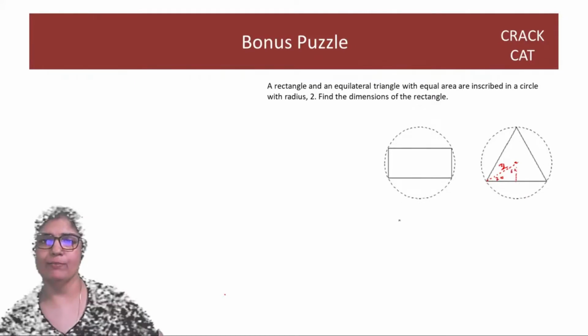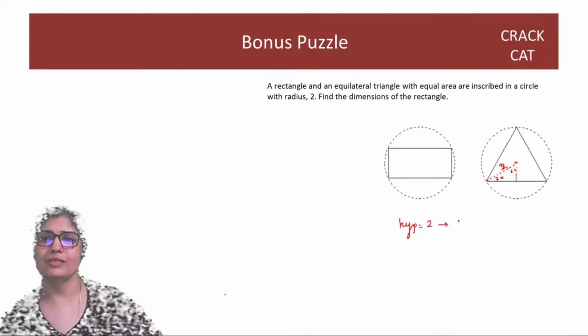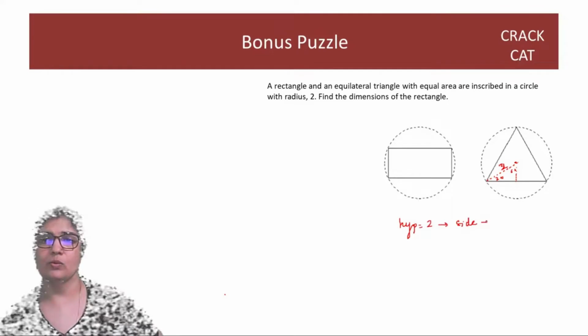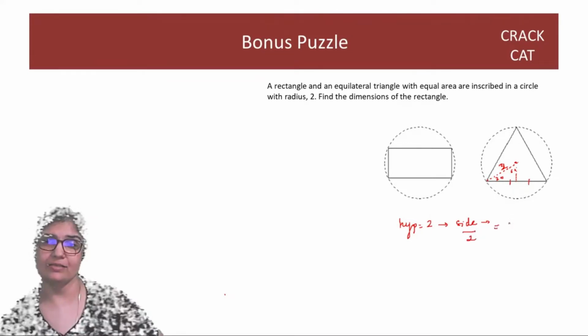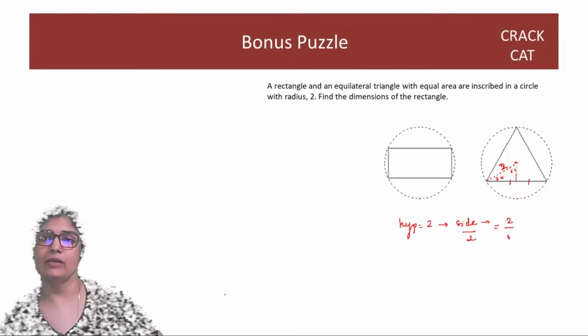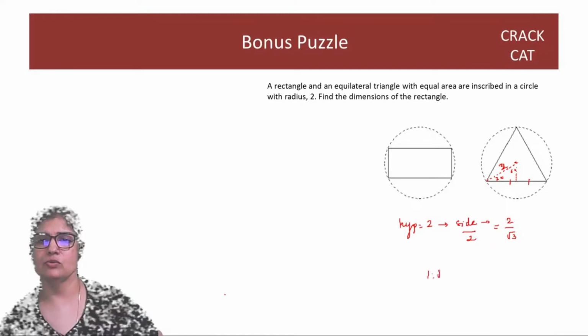So this hypotenuse is 2, which means half of the side is the side opposite 60. It's 1:2, root 3:2.